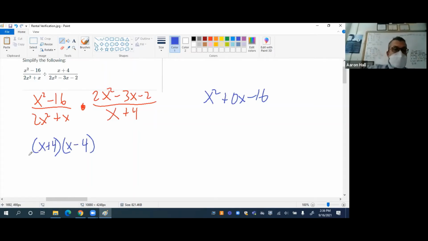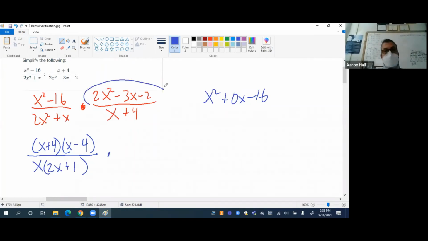All right, and then is there anything we can factor here? Okay, so I can factor out an x, so I have x, what's left over? 2x plus 1, right? Can I factor anything here? Actually, that's a difficult one. We have to do 2x squared minus 3x minus 2.